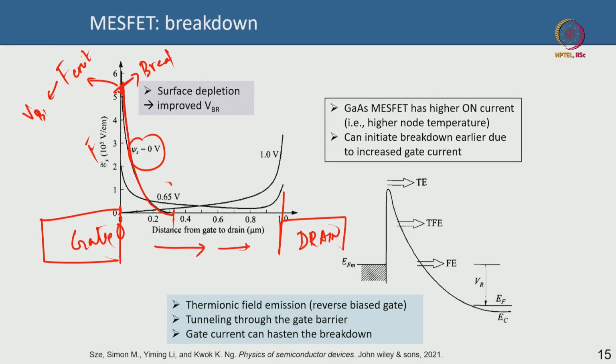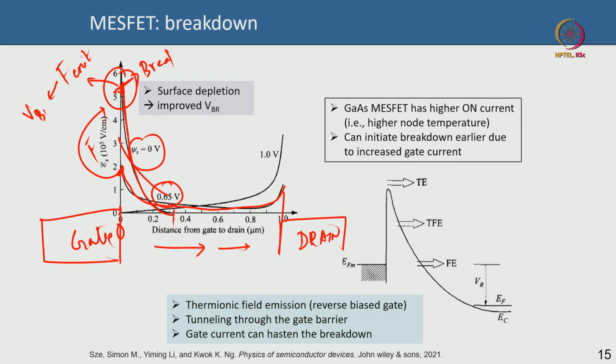Now, if the surface potential is 0.65 electron volt, which means the surface traps have modified the pinning on the surface to be 0.65 electron volt, in which case the field profile will be changed by the surface traps, and you can see the field profile is something like that. If this is the point where breakdown happens, then this has not reached that point, which means I can go to higher and higher drain voltage before this point reaches that point.